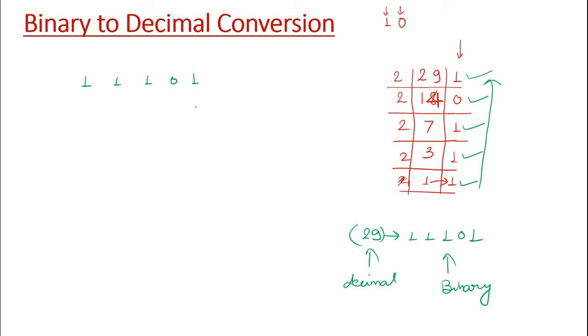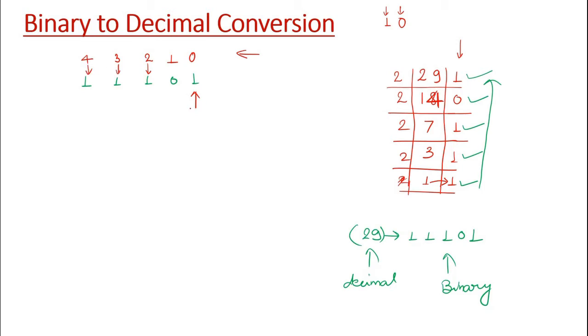We always start from this side. So this is our first bit, or we can say the 0th bit. This is our first bit, this is the second bit, this is our third bit, and this is our fourth bit. The numbering starts from this side, 0 1 2 3 4. So the 0th bit is 1, the first bit is 0, the second bit is 1, the third bit is 1, and the fourth bit is 1.